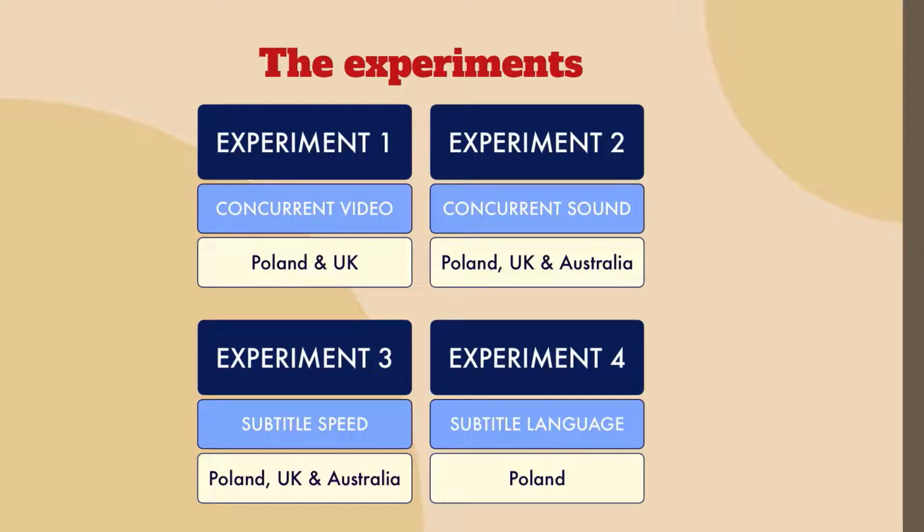We will be running this study in Poland, the UK, and Australia. The same goes for experiment 3, where we will be looking at subtitle speed. Again, we are trying to identify whether increasing subtitle speed will lead to consequences as far as comprehension and processing, so how people read the subtitles and whether they can retain and understand as much information about the content when the speed is higher.